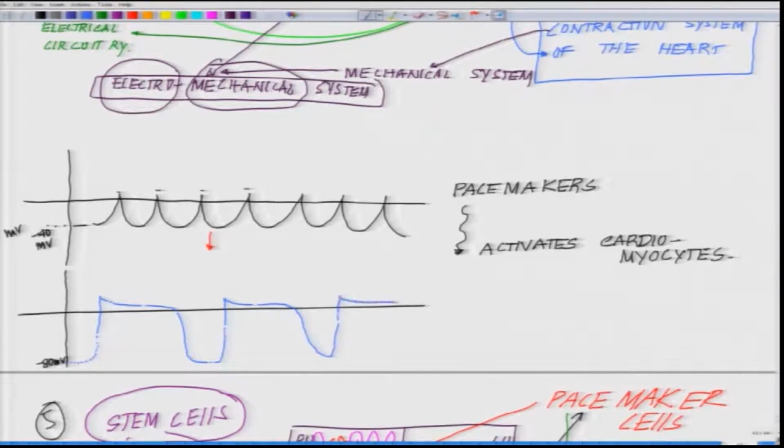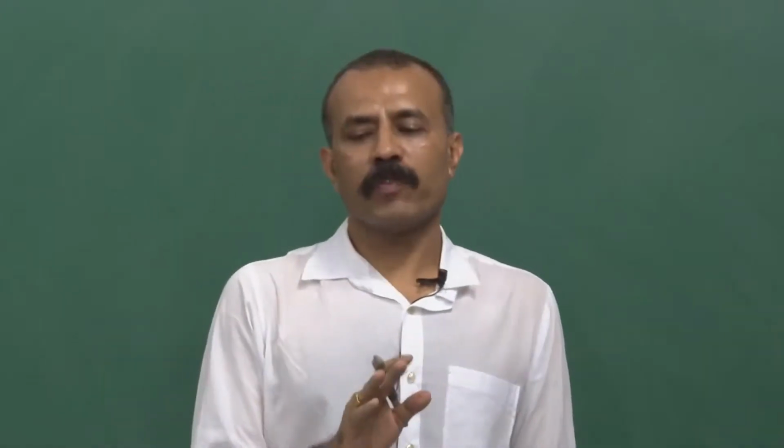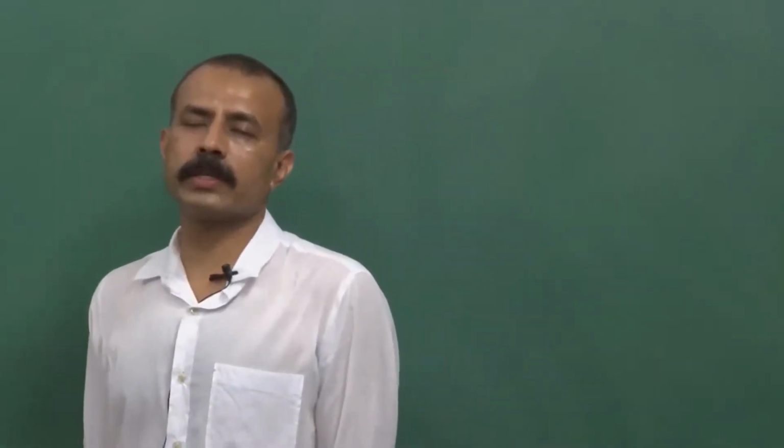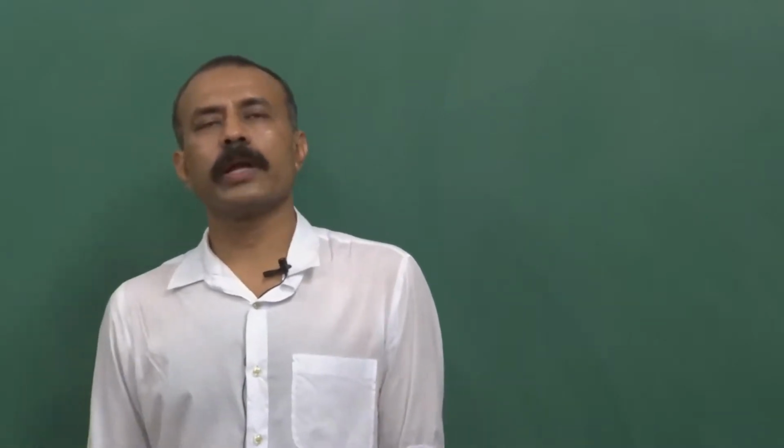Actually, if you follow me, the second one, where I have shown a gap, should be like this. If you look at the shape of the action potential and from what resting membrane potential it is picking up, it will give you a very clear idea about at what resting membrane potential a cell will sit so that it can shoot an action potential spontaneously.